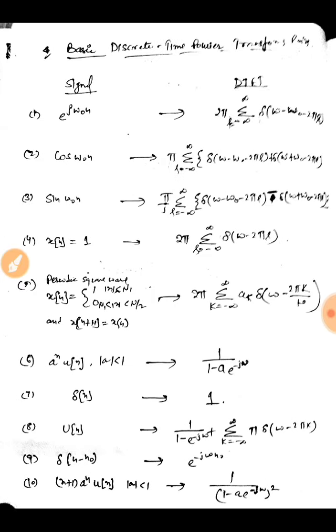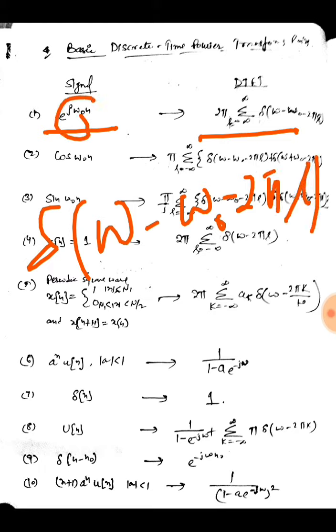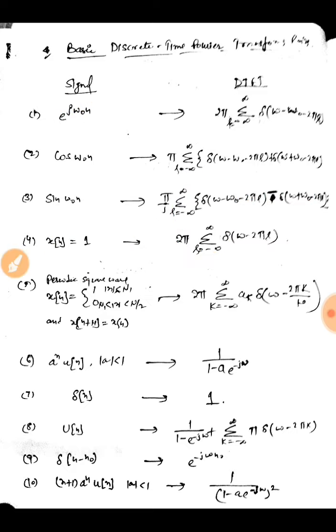Now there are some basic DTFT transform pairs of some signals. First is e raised to power j omega naught n. Its Fourier transform comes out to be 2 pi times the summation from minus infinity to infinity of delta of omega minus omega naught minus 2 pi L. So this omega naught is subtracted in the frequency domain.